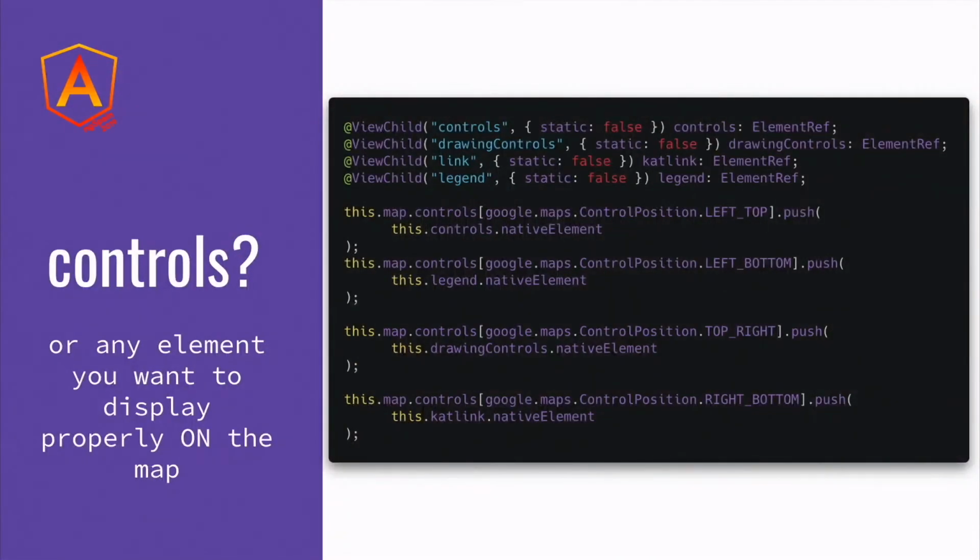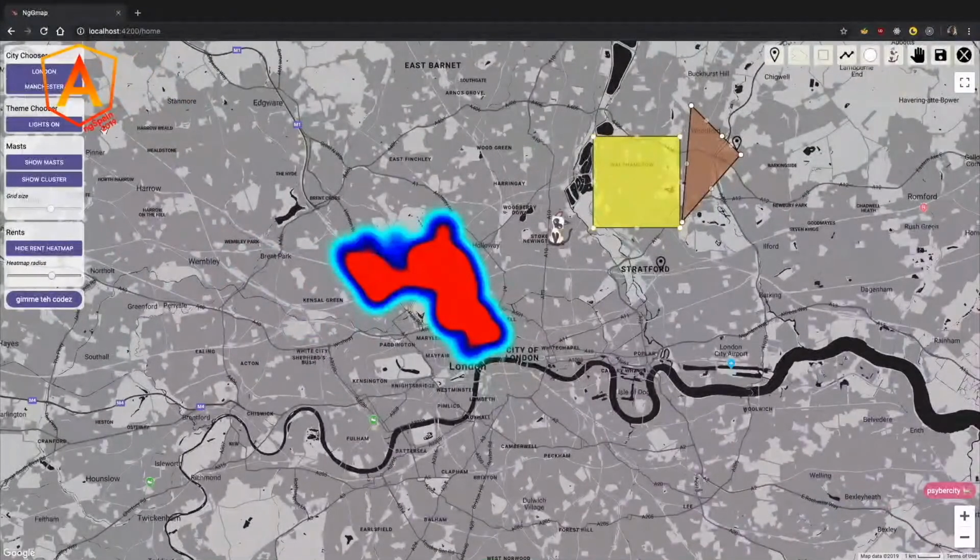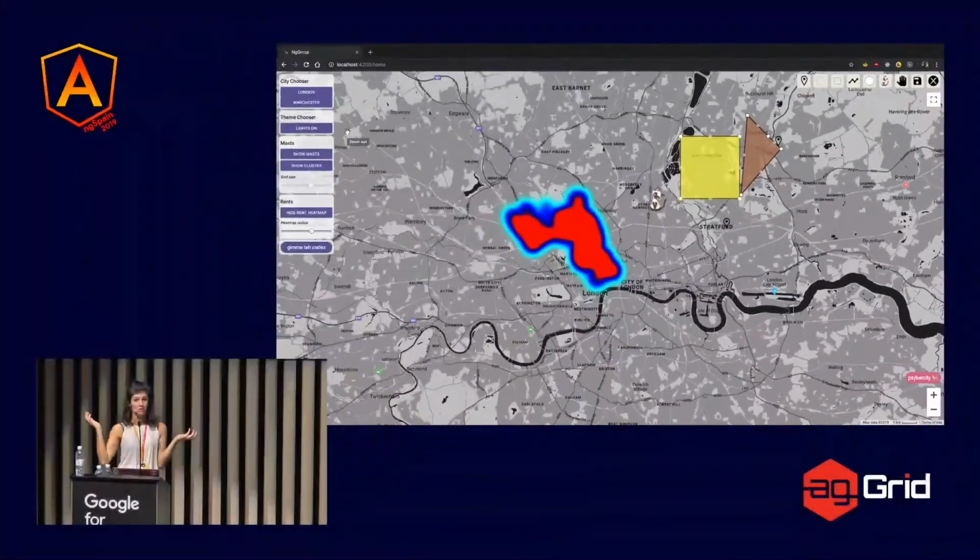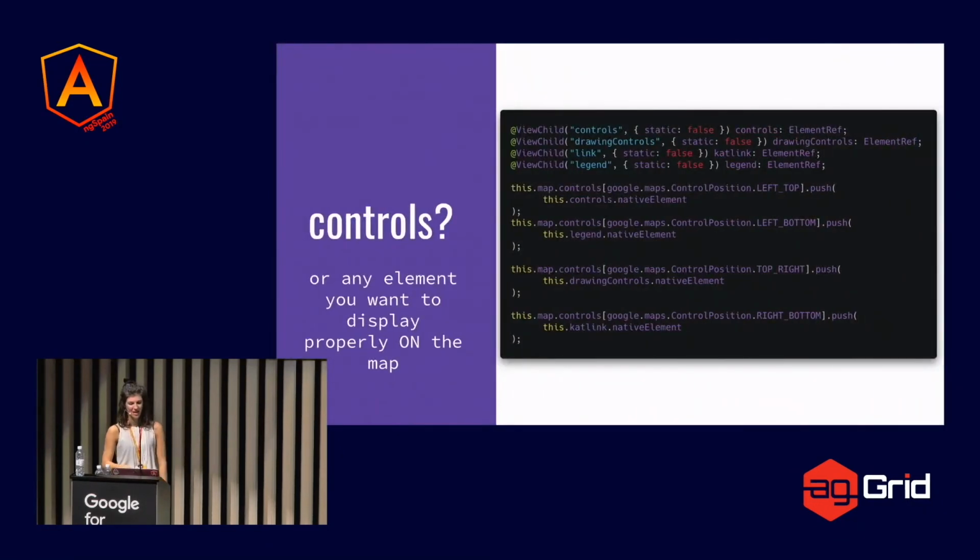Also, controls. How do we display controls on the map? I guess we all know CSS, right? We could just have some divs and absolute position them, and maybe it would be a mess. Okay, let's be honest. So what do you do? You have your map div, and then you have as many divs as you want in your template, and you get the element references of them, and then you can add them to map controls.